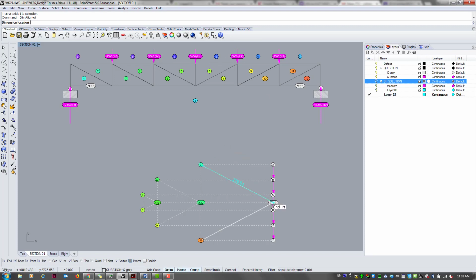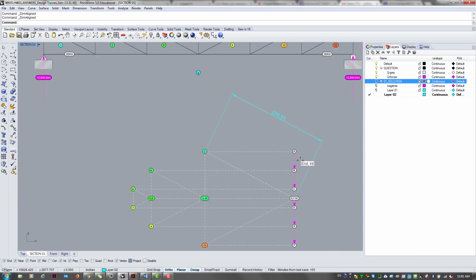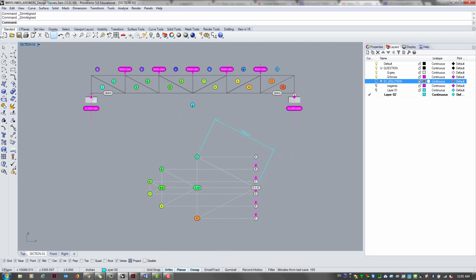This is question 3. If you measure between 2 and 1, currently it's like 279.51. I'm asking that to be 15K, so that should be 150.